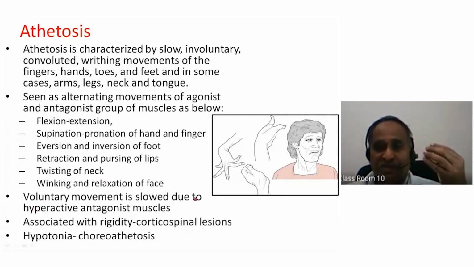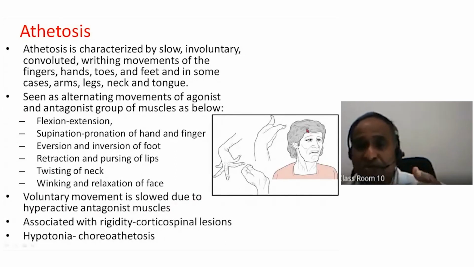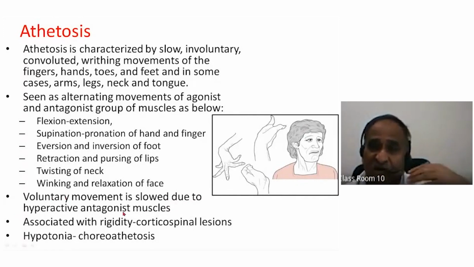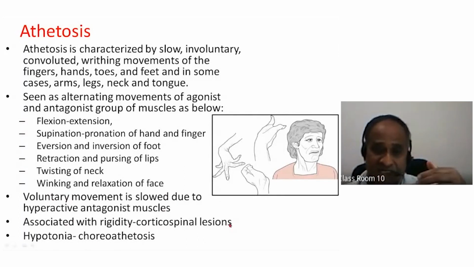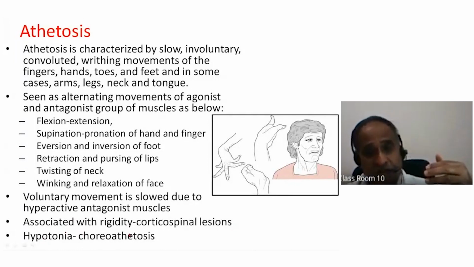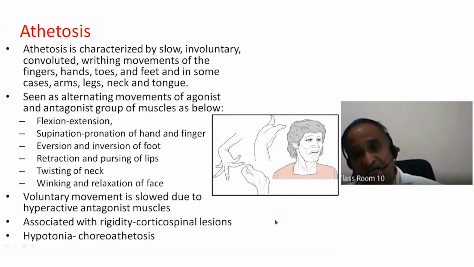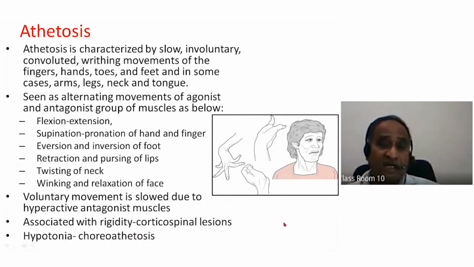Voluntary movement is slowed due to hyperactive antagonists. Suppose he wants to do some voluntary activity, it is slowed. It is associated with rigidity and other corticospinal lesions. Hypotonia is seen in choreoathetosis because there is a decreased suppression of the reticulospinal output.